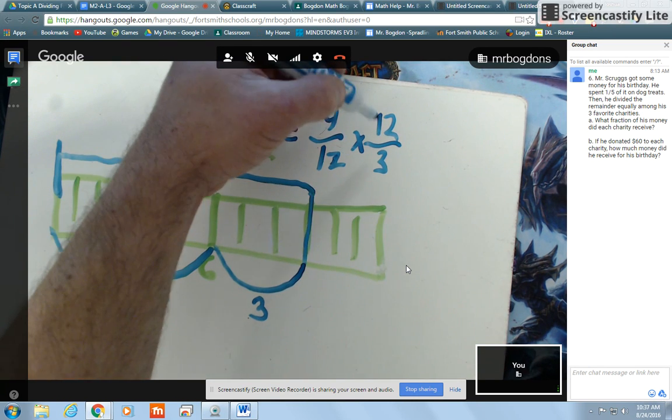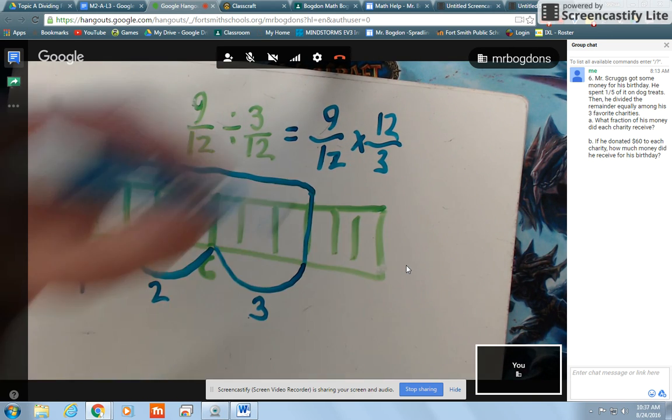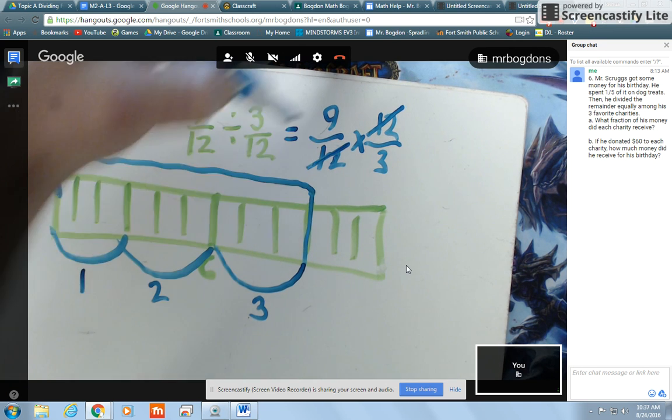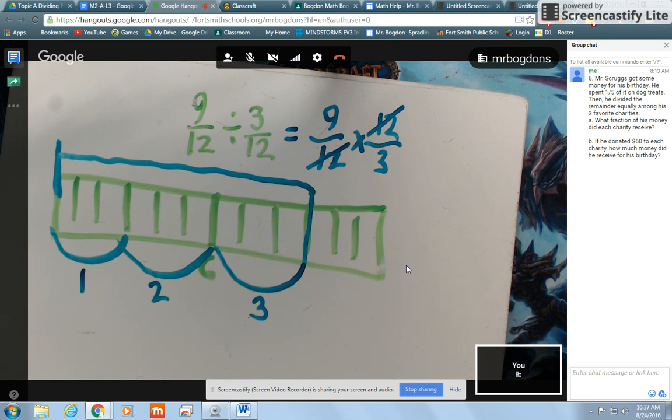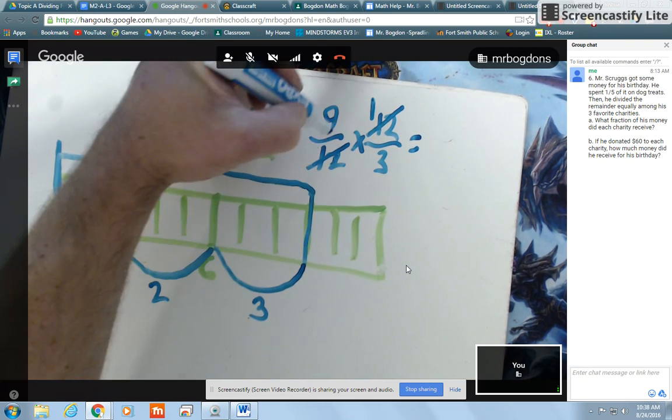So Kevin, if I look at my 12 and my 12, what is 12 divided by 12? So I could simplify this to say the 12 and the 12 cancel. When I say cancel, they really just change into 1.